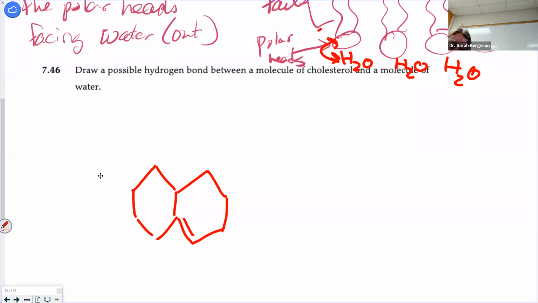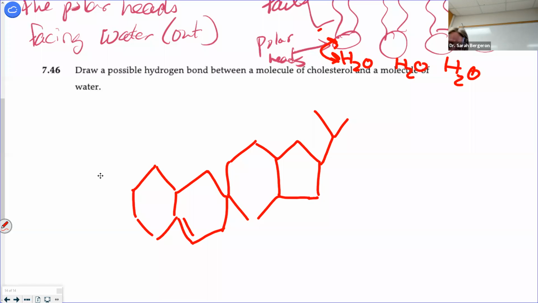So that's a double bond. Then you have another one. It's always kind of fun to draw these. And up this way. And then you have like a little house, right? And then you come up and you have this. All cholesterols have these cyclic groups, right? We drew them in sugars all the time, right?